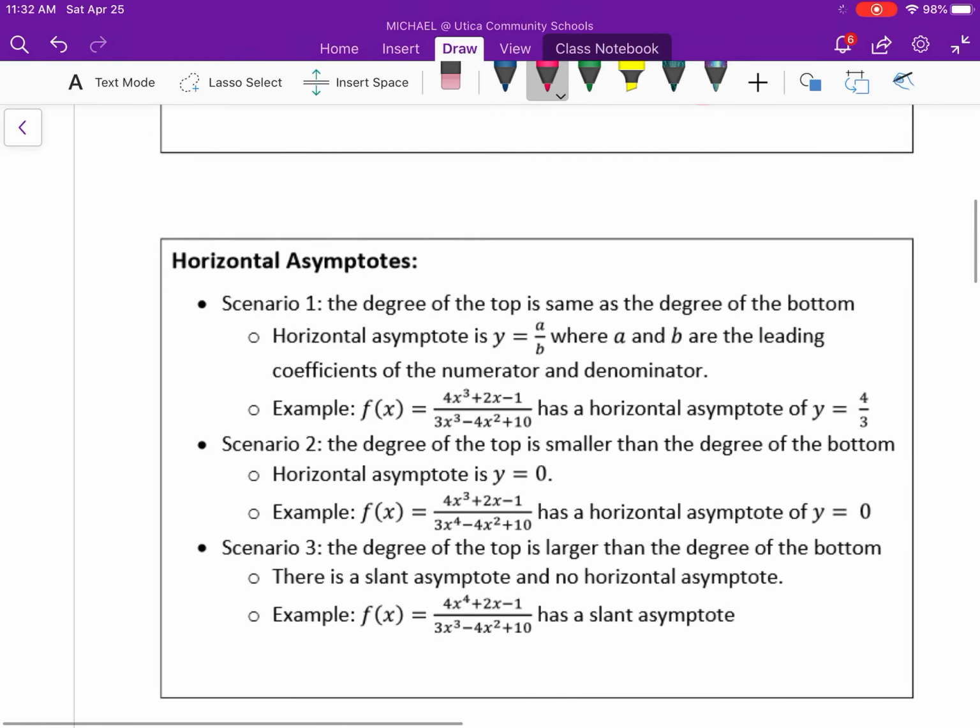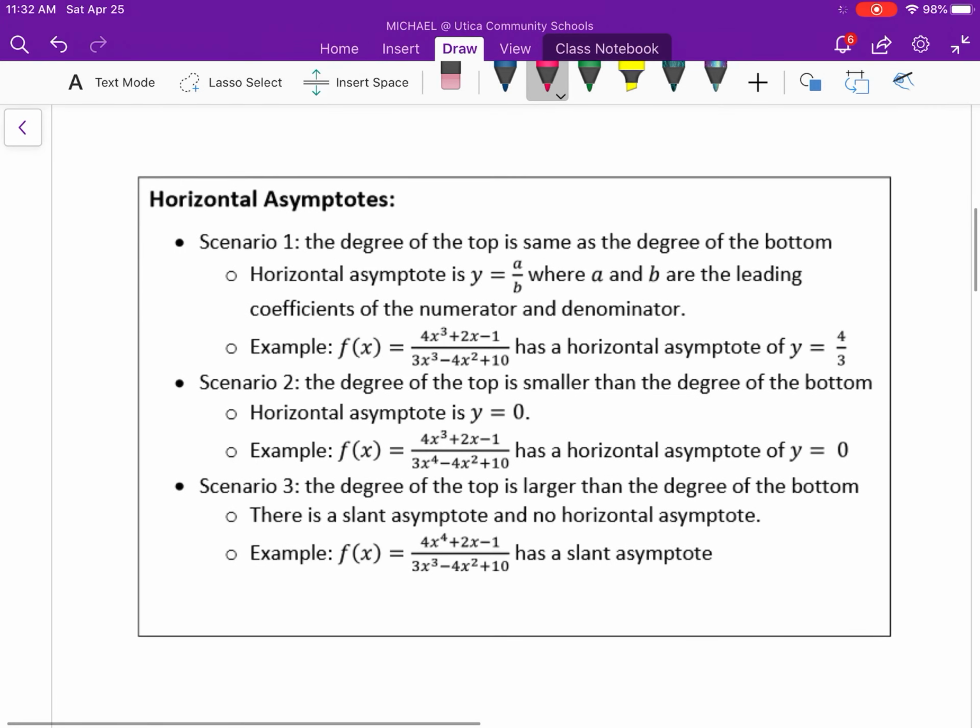So we'll go to some examples in a second, but the second feature that we want to look at is horizontal asymptotes, and in that case there were three scenarios. We always look at the degree. In the first scenario, the degrees are the same. Looking at this example, we can see that the degrees of both of these are cubics.